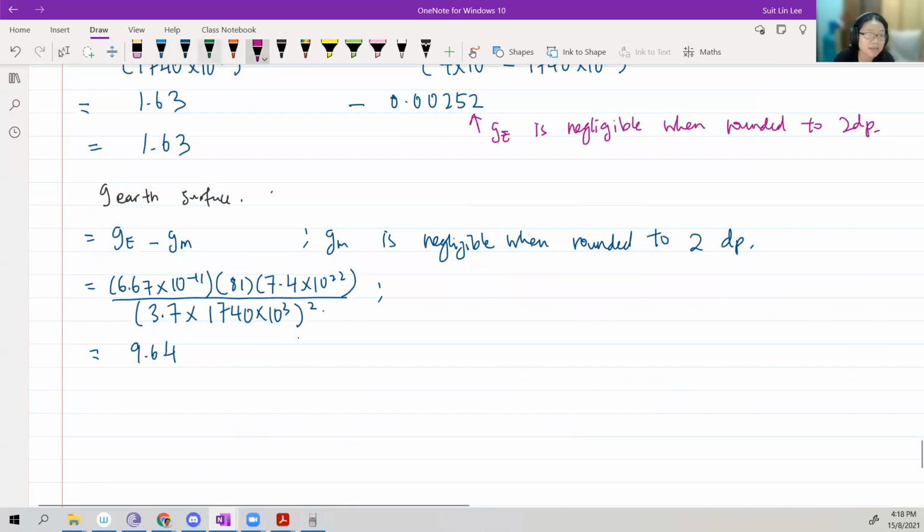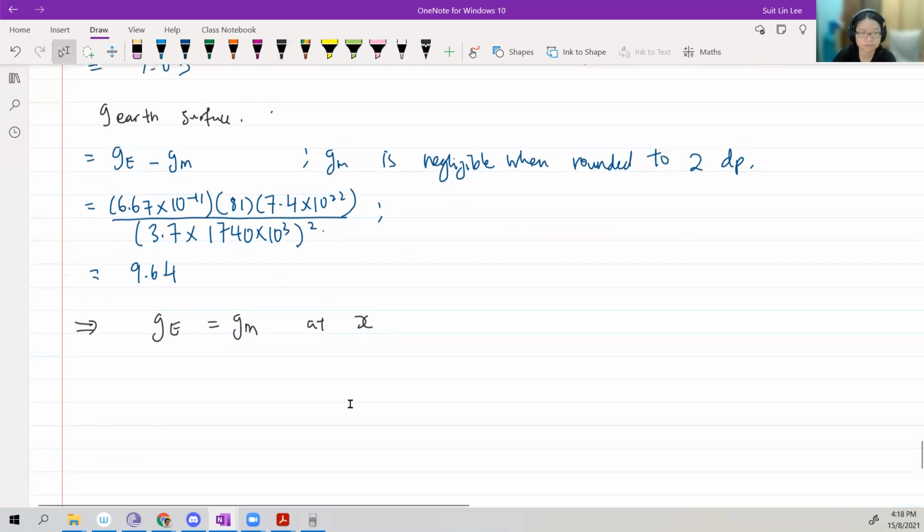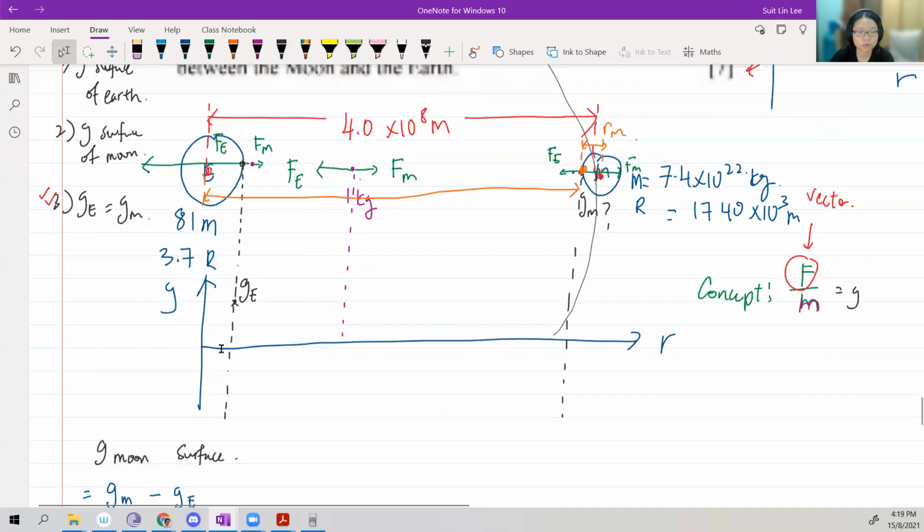Okay. But the important must-do calculation is that there will be a point in between the Earth and the moon where the gravitational force cancels out, because one is pulling towards the moon, one is pulling towards the Earth. So when GE is equal to GM at X, we want to find X. So the gravitational attraction of the Earth will be G, mass of the Earth over X squared, because all of the distance right now we are measuring from X. So maybe there's a point here to here is X now, where FE is equal to FM.